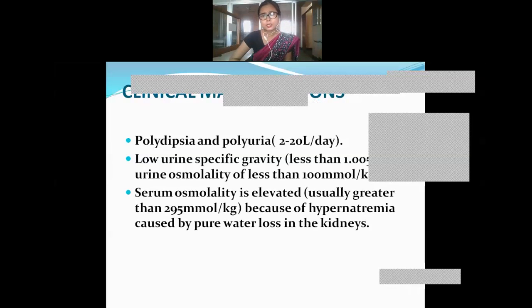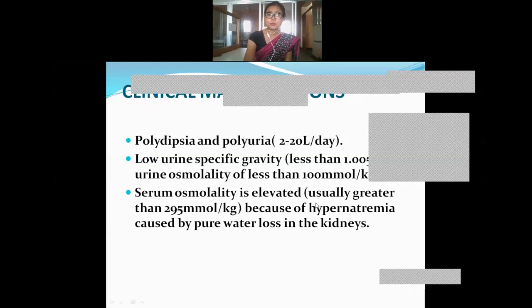And serum osmolality is elevated, usually greater than 295 millimole per kg, because of hypernatremia caused by pure water loss in the kidneys. Osmolality means concentration, and our normal serum osmolality is 295 millimole per kg. In a patient with diabetes insipidus, hypernatremia: hyper means high and natremia means sodium.